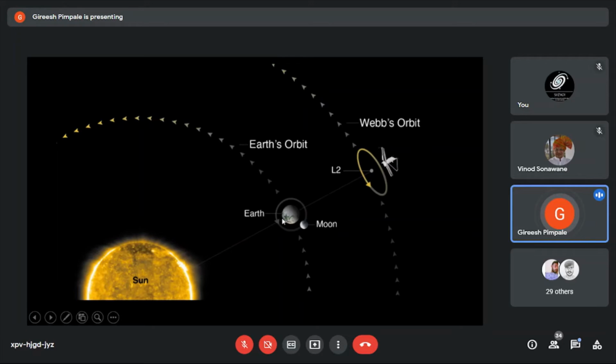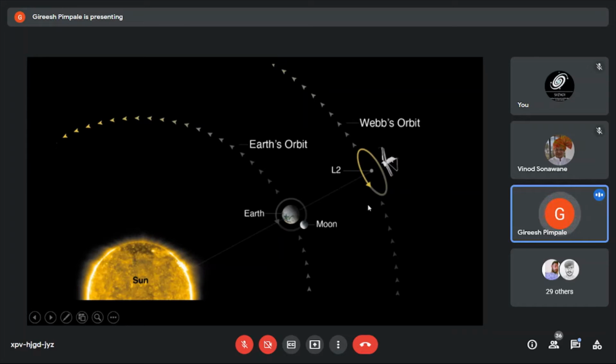Now see, again, sun is here, Earth, and the moon is going around the Earth, as we know. The Earth is going around the sun in this manner. So these arrows are telling us how the Earth is moving. And this is the L2 point. This Webb telescope is orbiting this point L2, and it is moving with the Earth, with the same speed as the Earth. And where is its sun shield?